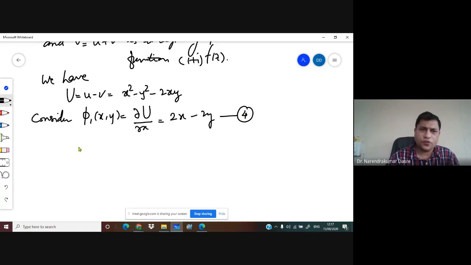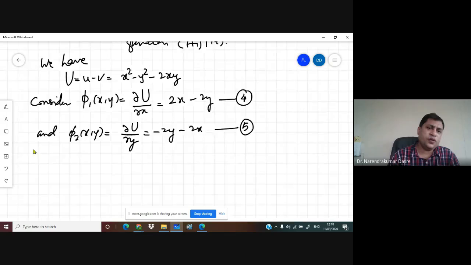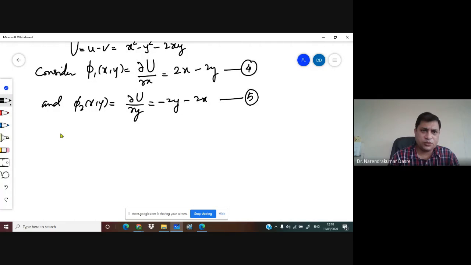Let this be equation 4. And phi 2 of x y is the partial derivative with respect to y, so it is minus 2y minus 2x. This is equation 5. Now we have completed the second step of the Milne-Thompson method, so let's go for the third step.